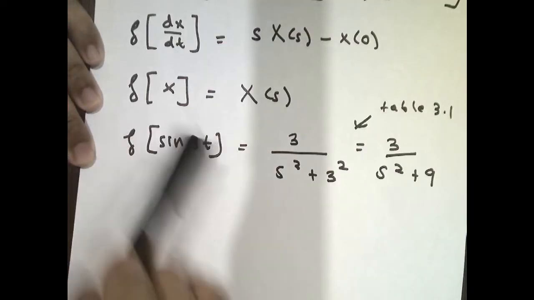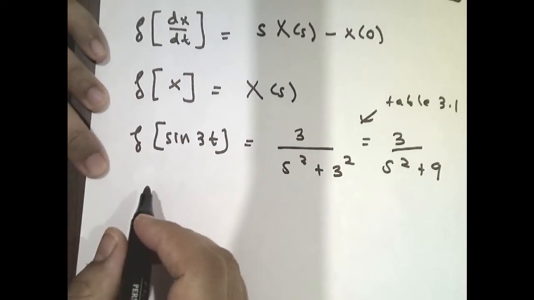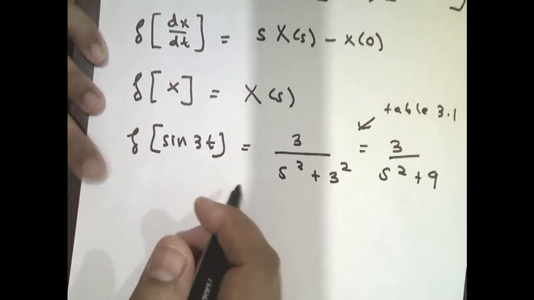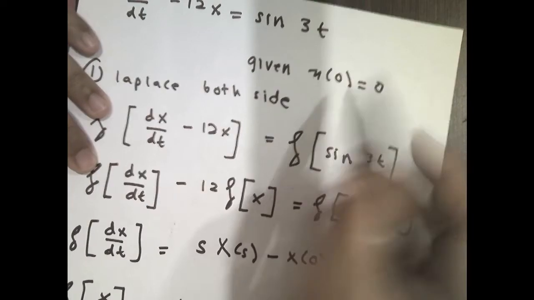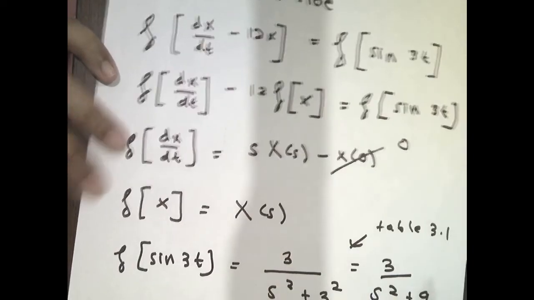After you have solved for each function, then you can combine, but please bear in mind that the initial condition given just now is 0. So basically this one is equal to 0, right?